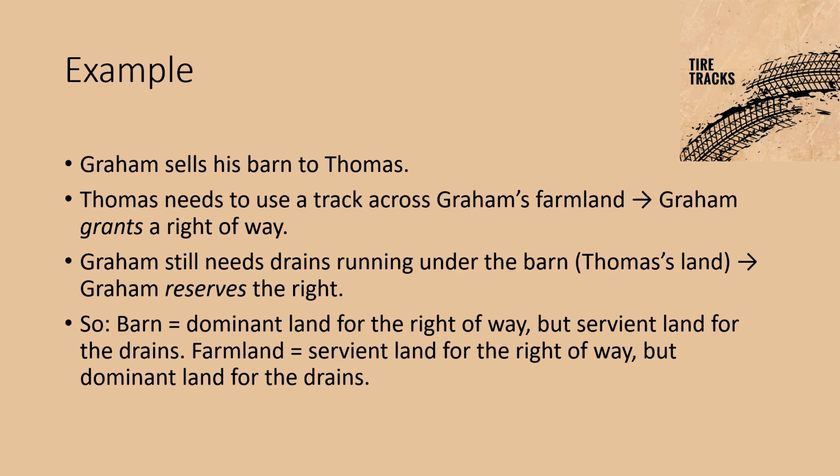But it's also a servient land for the access to the drains. So both can exist at the same time. Whereas the farmland has to bear the burden of having a right to use the track across the farmland, but obviously it does benefit from the access to the drains.